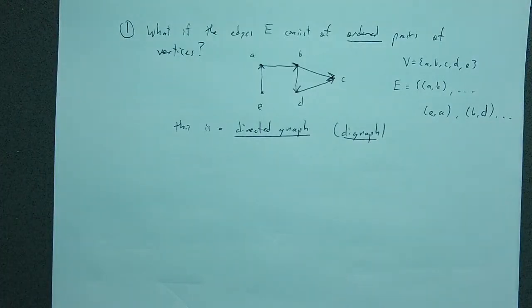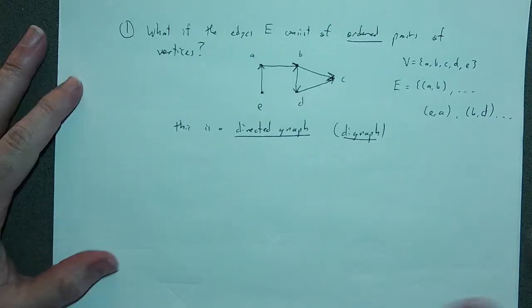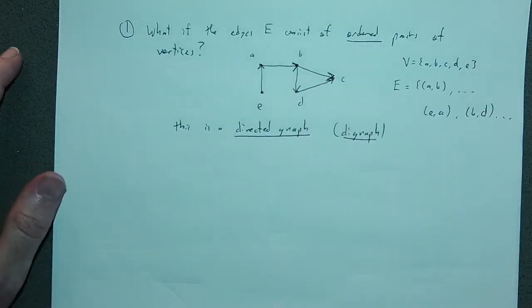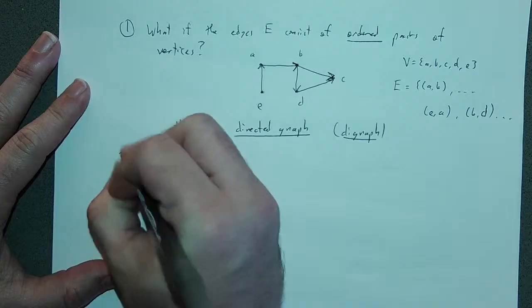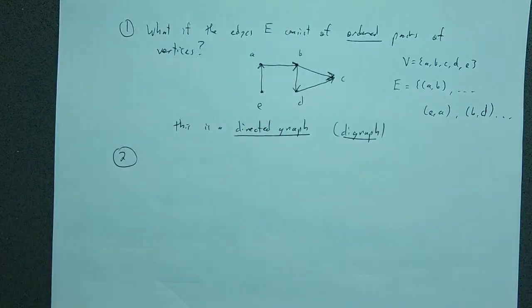There are applications for which maybe this is the object you're interested in rather than just a graph. Or maybe not, maybe you don't care. All right, so anyway, this is just one other sort of graph. What else can we change?